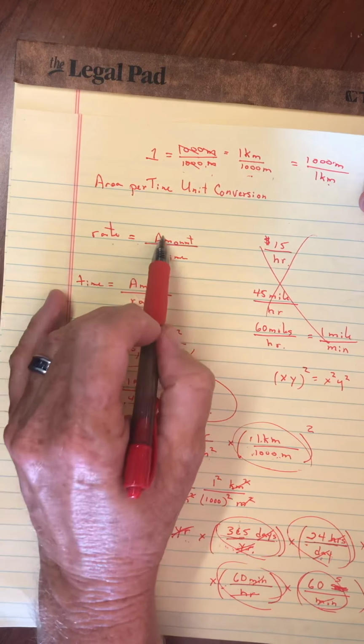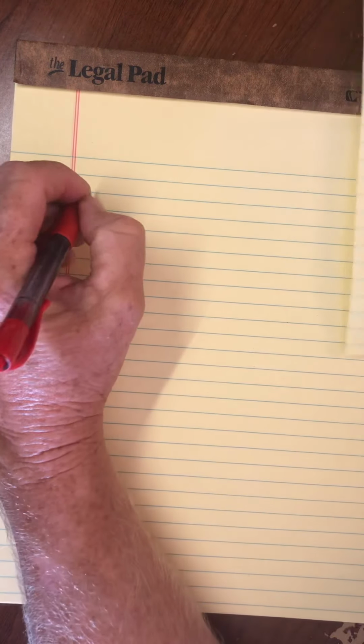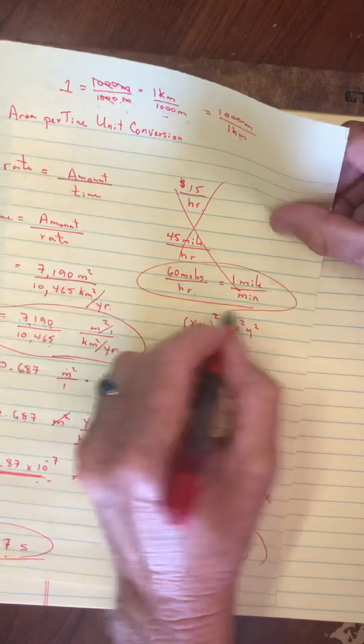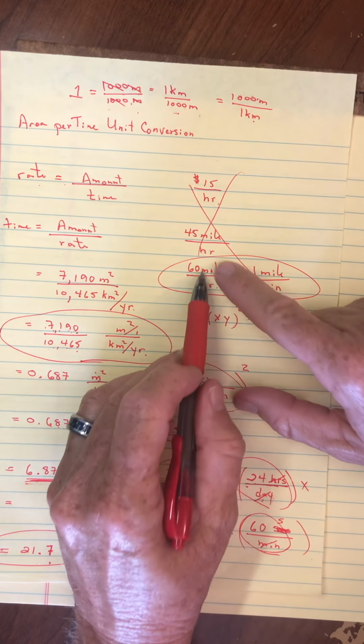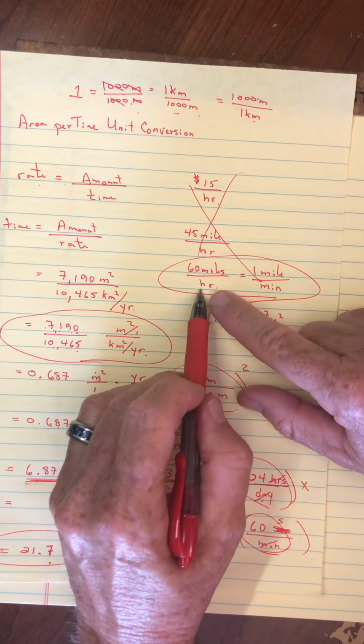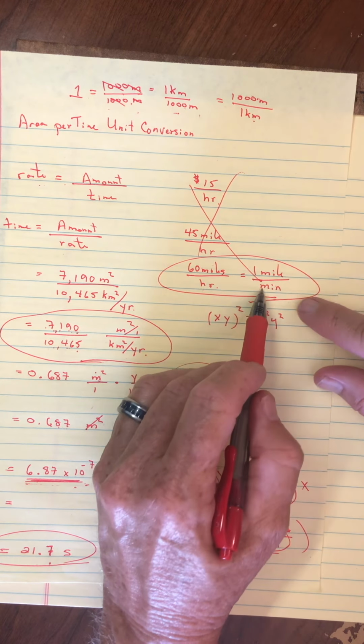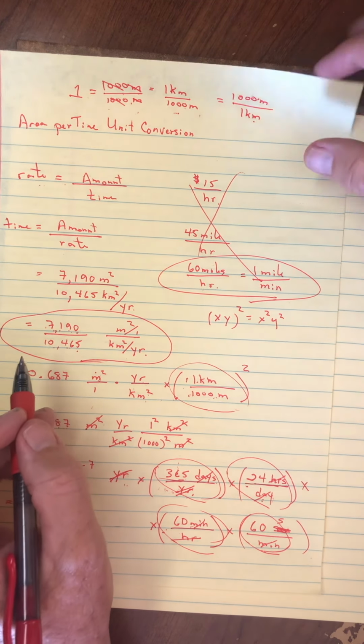He's saying this, that instead of what I did, rate equals amount divided by time, he's saying something like I did here. A rate in big units would be the same as a rate in little units.